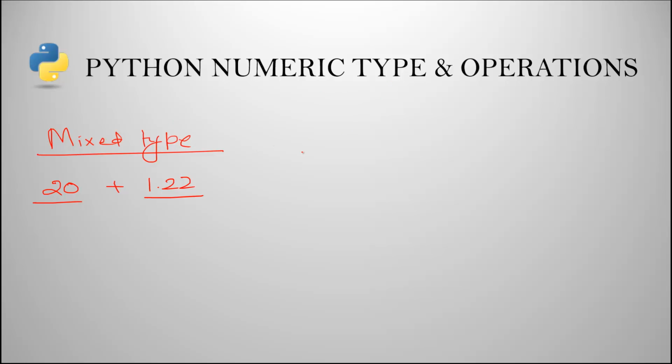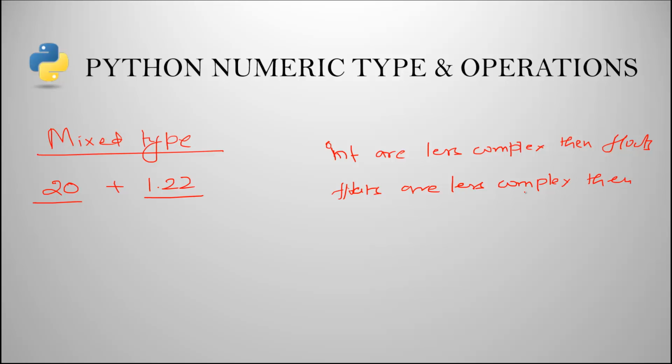So if we see the complexity in Python, integers are less complex than floats, floats are less complex than complex numbers, and so on.